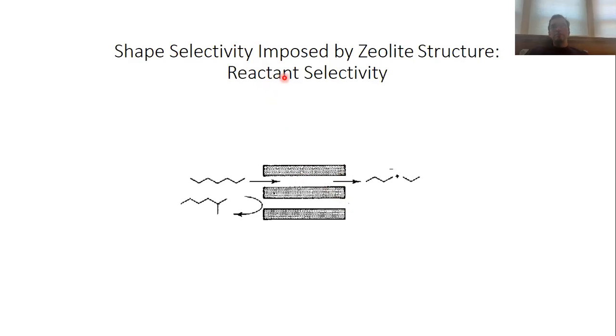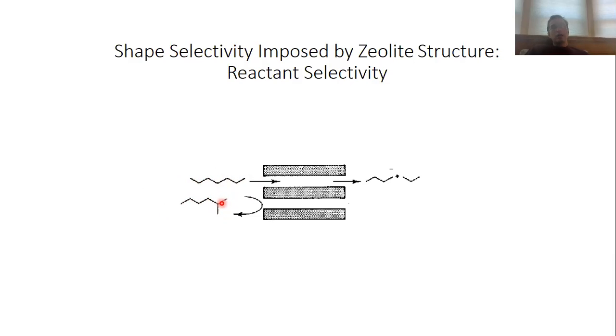One is called the reactant selectivity. As the name says, when we have reactant selectivity, then one reactant of a reactant mixture is allowed to enter the zeolite pores, where it's catalytically transformed into the products. So for example, you may have a mixture of linear and branched alkanes.